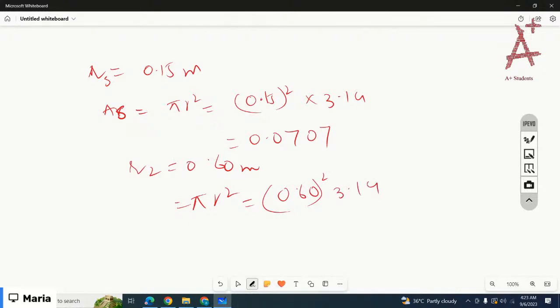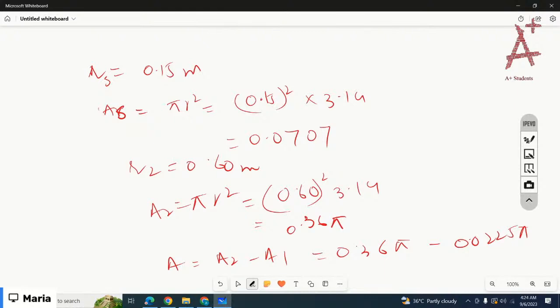Let's subtract both the areas. That would be 0.36 pi. Area of the ring equals a2 minus a1. It would be 0.36 pi minus 0.0225 pi. When you subtract, that equals 1.060 meter square. That is the area of the small ring.